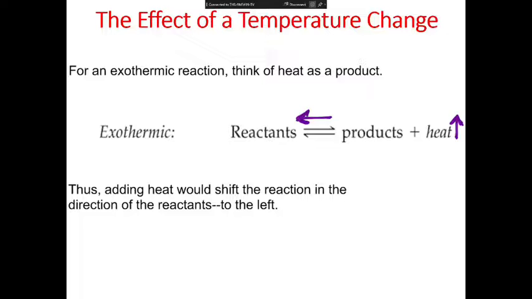And a lot of the problems aren't going to say the word exothermic. They're going to say delta H is negative, or they'll say delta H is less than 0. That's how they like to show it a lot.